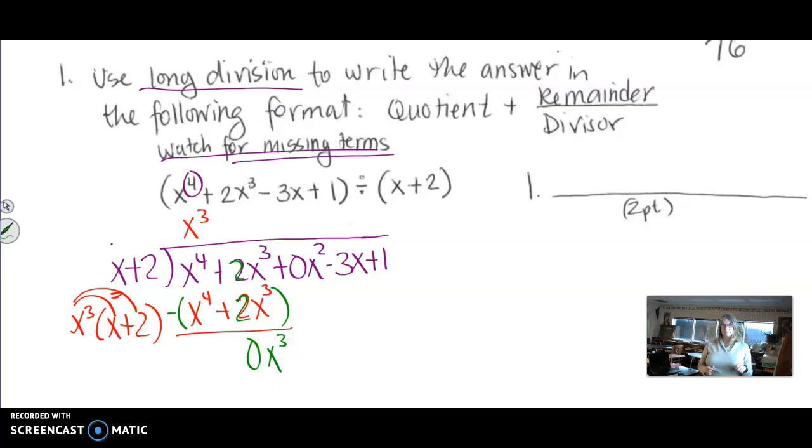That's not usually the case, so I'm going to put a placeholder here so I don't miss anything. We designed it so the first term would cancel out, x to the 4th minus x to the 4th. That's why we chose to multiply by this.